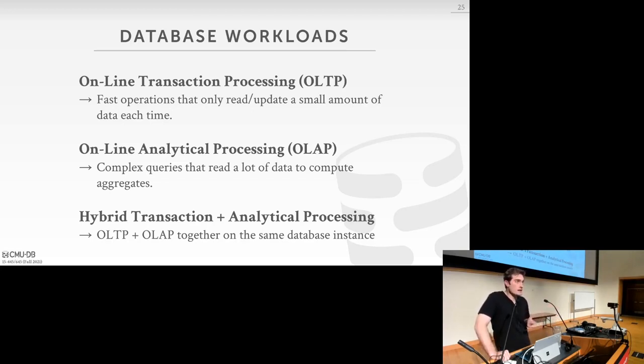They scan whole tables, produce aggregates, and have lots of joins. They're typically used for decision support or business intelligence. You want to look at all the data you've accumulated and see if you can get any insights out of it, so you execute these large-scale queries that provide some useful or meaningful answer.